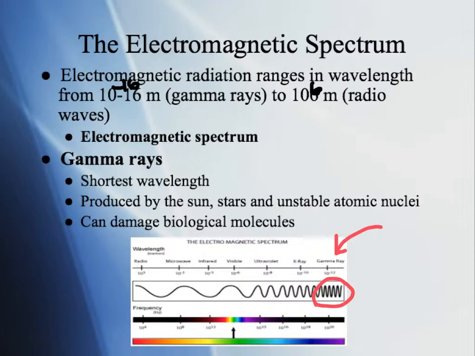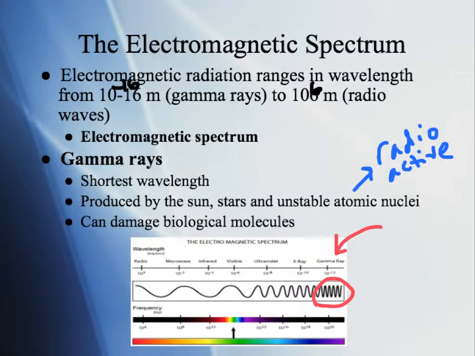Gamma rays are produced by the sun and stars and unstable atomic nuclei. Radioactive atoms emit gamma rays. When they fall apart through alpha decay or beta decay, they are going to be releasing gamma rays.